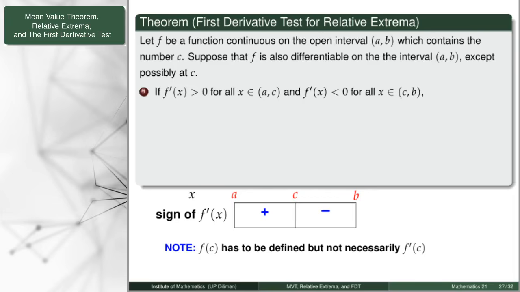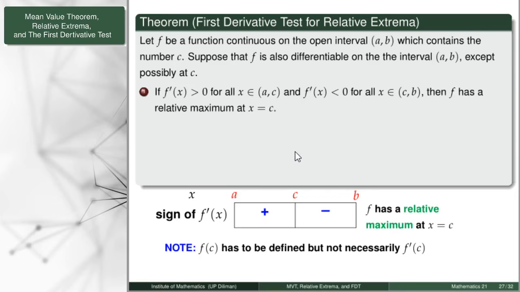The theorem states that since you are differentiable on the interval (a, b) except at c, if the derivative is positive from a to c, and negative from c to b, what this means is that the function is increasing from a to c and decreasing from c to b. Continuity means that it will coincide at the point c. It concludes that you will have a relative maximum because you increased and then decreased.